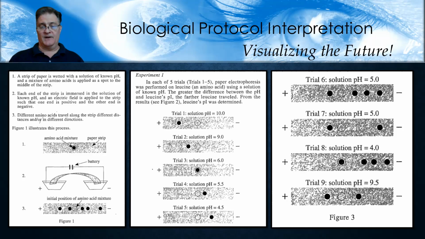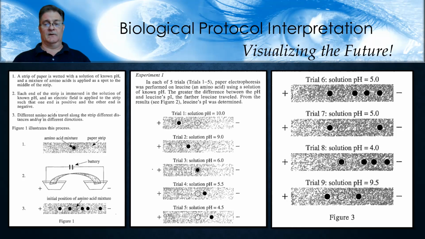Moving to figure 3, we see there are 4 more experiments. Trial 6, 7, 8, 9. This time, they've got a mixture of amino acids. In trial 6, the pH is 5. 3 of those will have a positive charge at a pH of 5, and 1 of them will take on a negative charge.